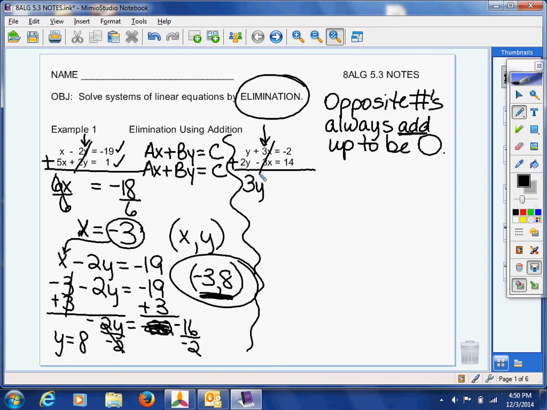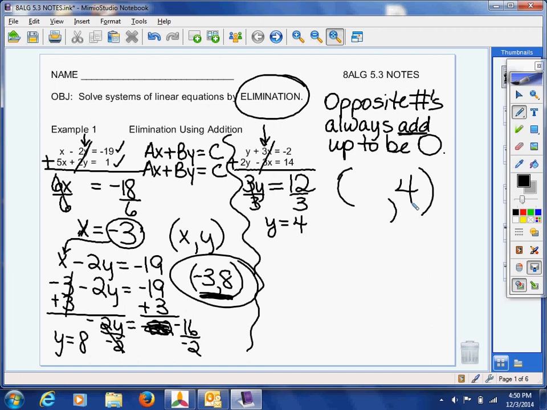The x's should cancel out because 3 plus negative 3 is 0. Drop down your equals, and then what's negative 2 plus 14? Hopefully you said 12. All right, one-step equation from here: divide each side by 3, and y is equal to 4. We're looking for that point of intersection, so that's the y. The 4 is going to go in the y position.